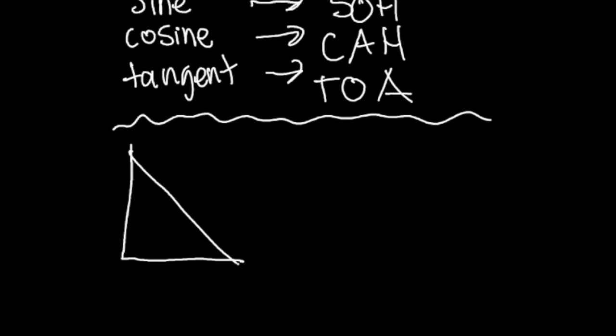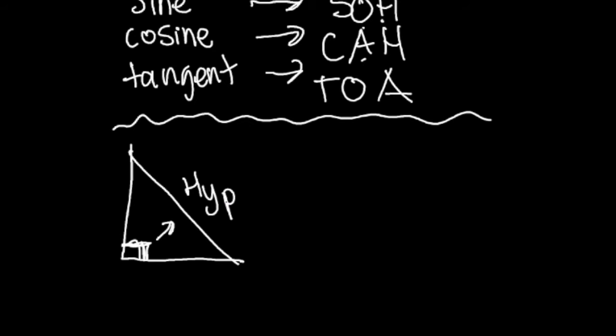In trigonometry, we deal with right triangles, and the O, H, and A stand for different things. The O is the opposite, the A is the adjacent, and the H is the hypotenuse. Opposite the right angle of this right triangle, we always have the hypotenuse.